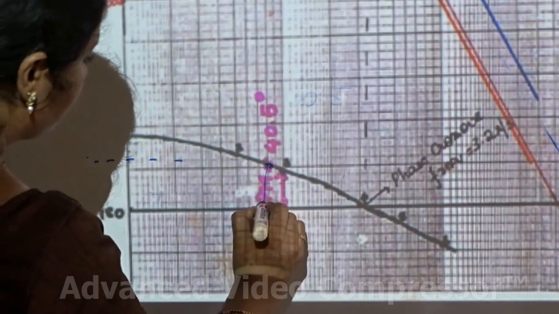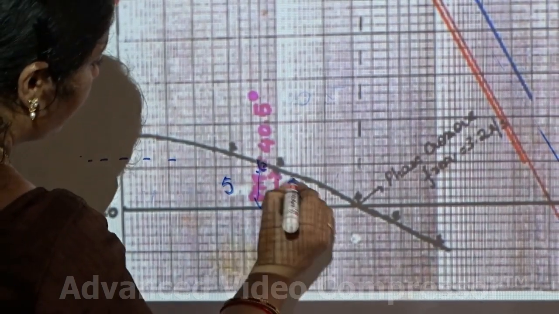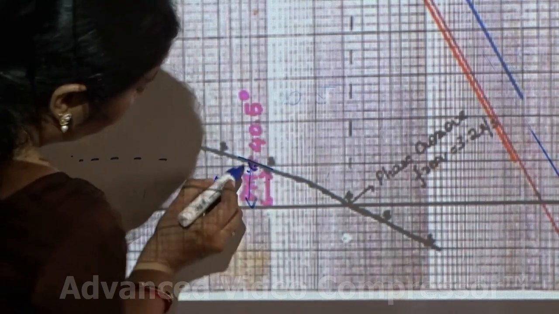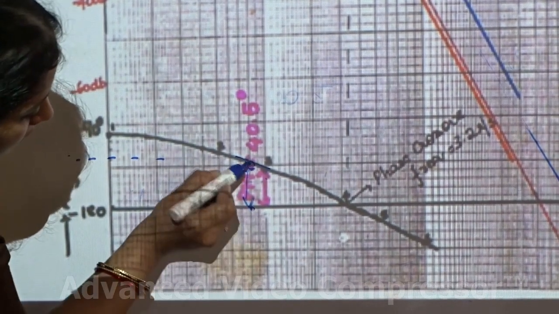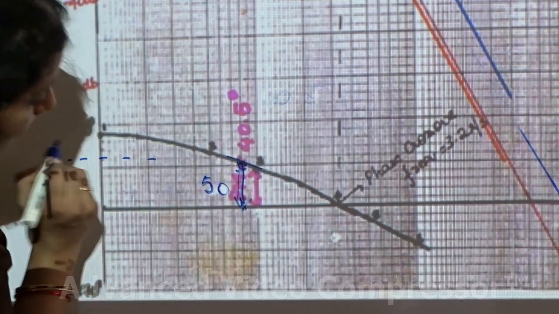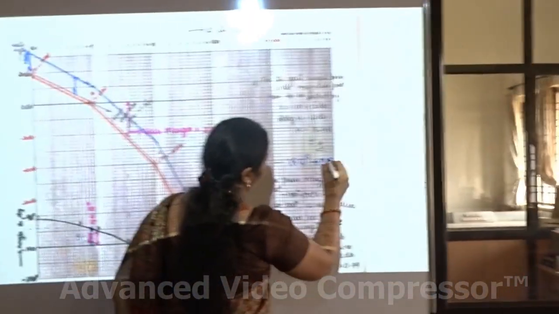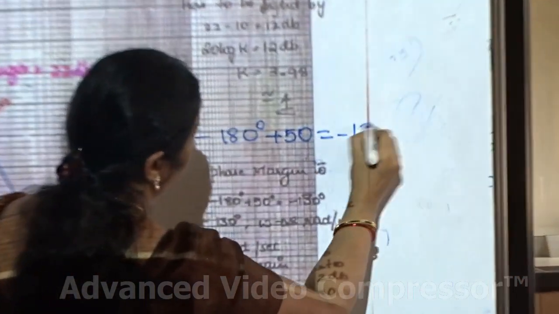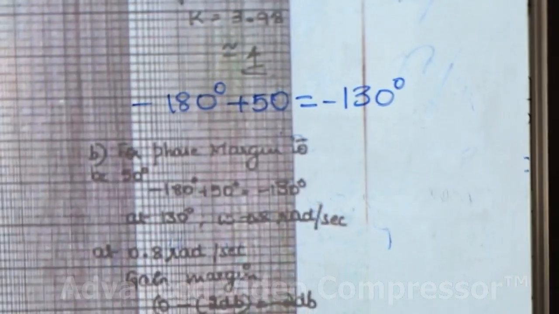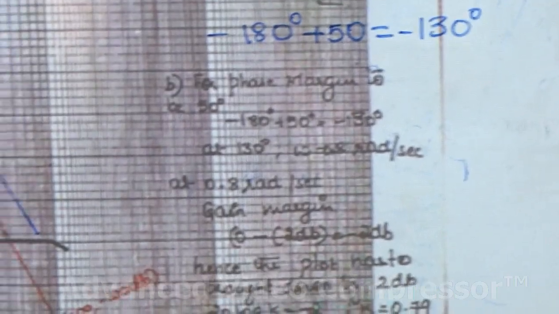If you want a phase margin of 50, this difference should be 50. Phase margin means from this point to this point, the difference should be 50. So 180 degrees plus 50, how much is it? Minus 130 degrees. Where is 130 degrees going to come?